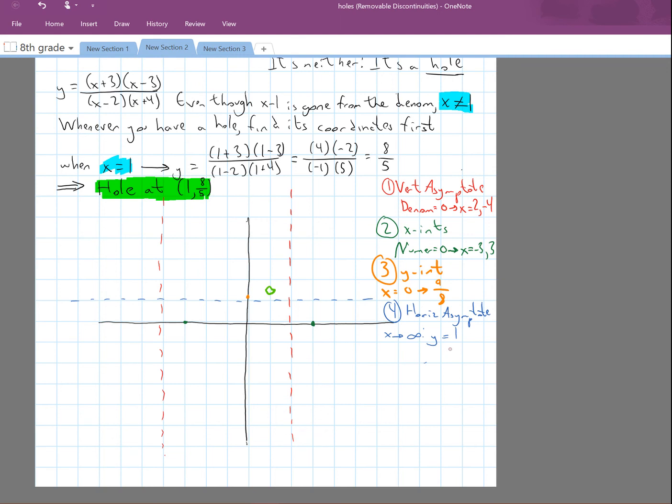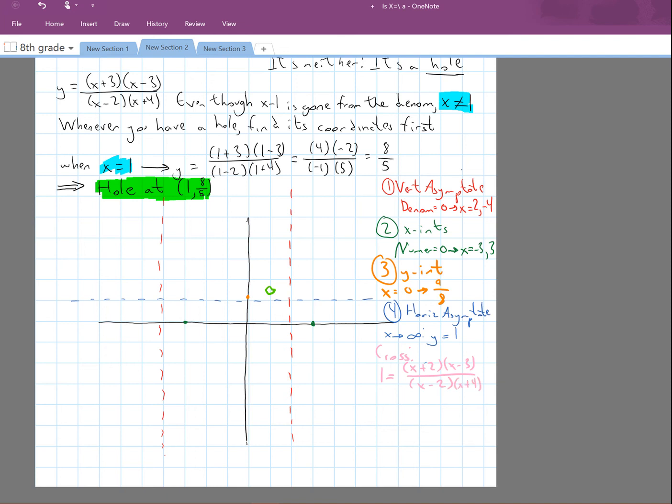When y equals 1, right? The horizontal asymptote occurs at y equals 1. When y equals 1, the function's y value is 1.